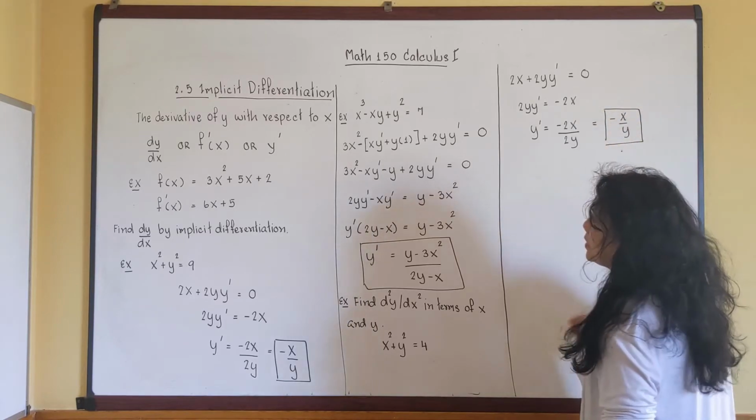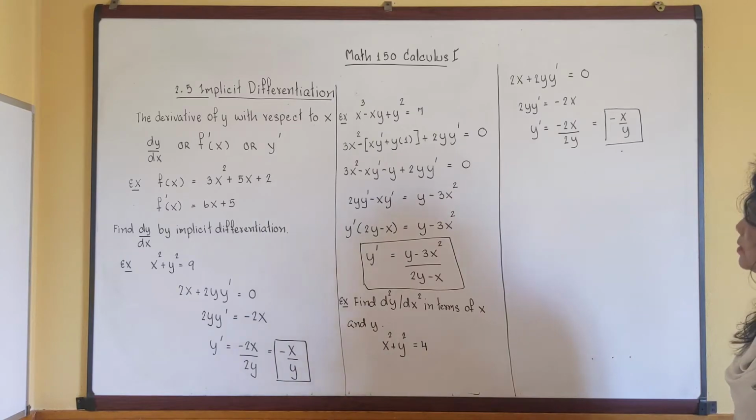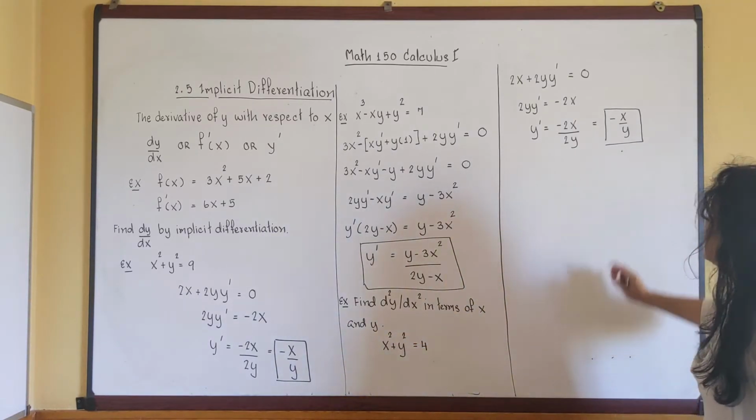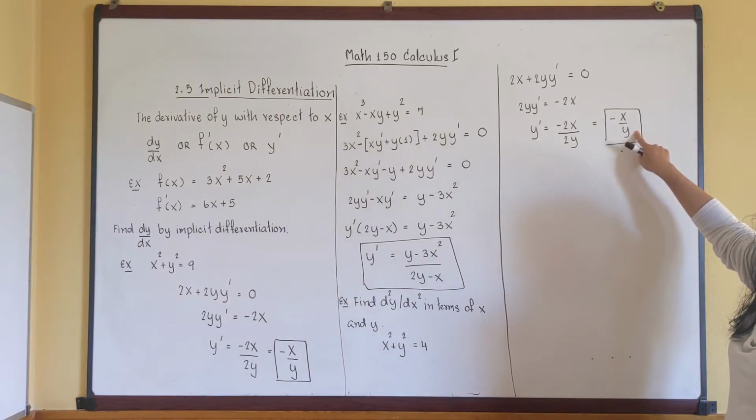Normally, if they asked for dy over dx, I would be done, but that's not what they asked. They asked for the second derivative, so I have to take the derivative of this.